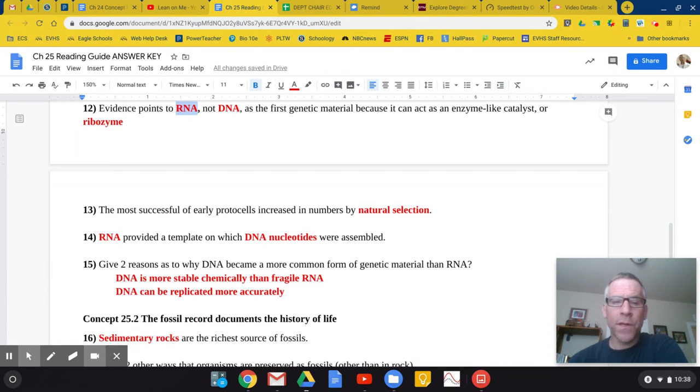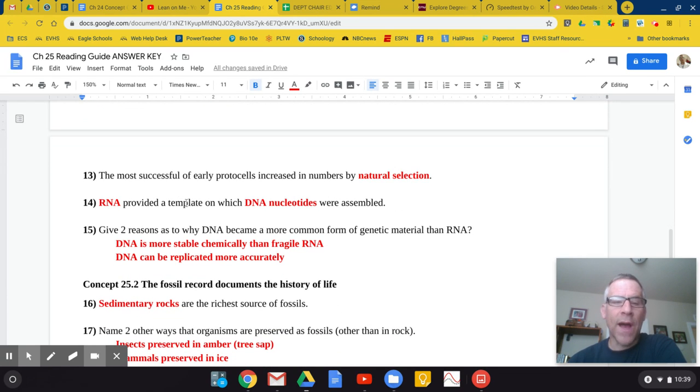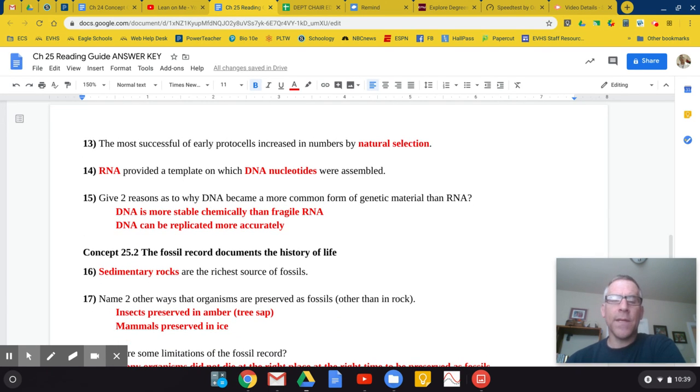And then we get these protocells created that increase in numbers by the simple approach of Darwin's natural selection. Some survived better and were able to pass on their self-replicating molecules of inheritance. And then RNA provided that template for the evolution of DNA as time went by. DNA has, though, become much more common as the inheritance molecule of life here on Earth than RNA.